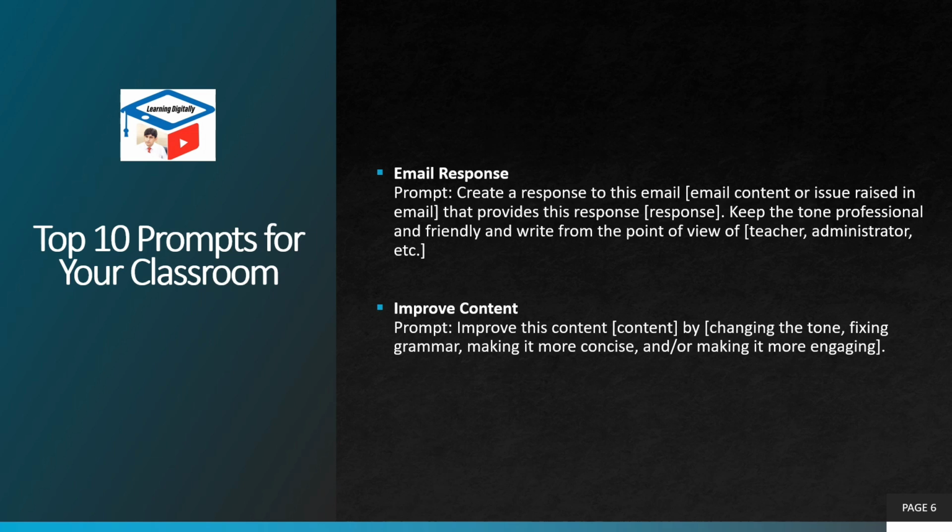For this prompt, write in ChatGPT: improve this content, and then paste that content within the brackets, and instruct ChatGPT to change the tone, fix the grammar, make it more concise, and make it more engaging. So ChatGPT will rewrite your content, correct it grammatically, make the tone very good, and make it professional, concise and engaging.